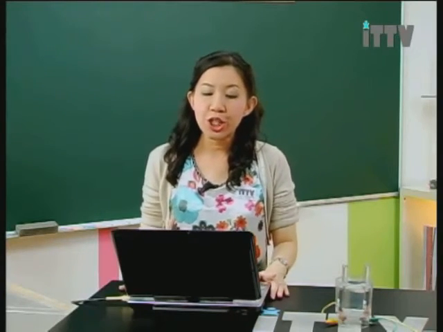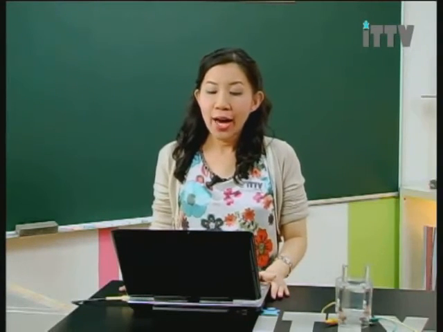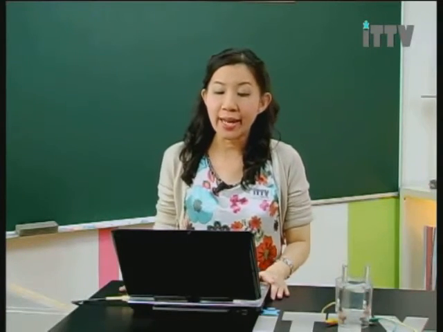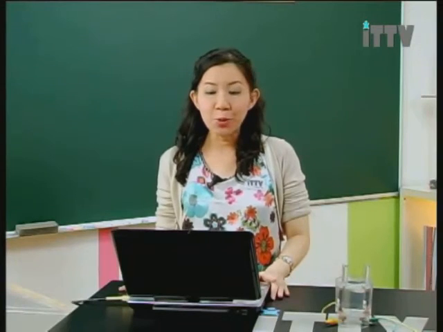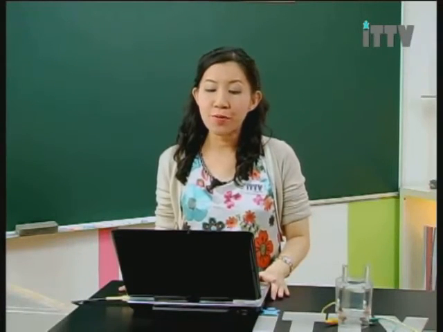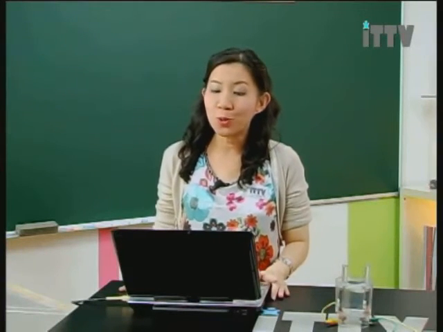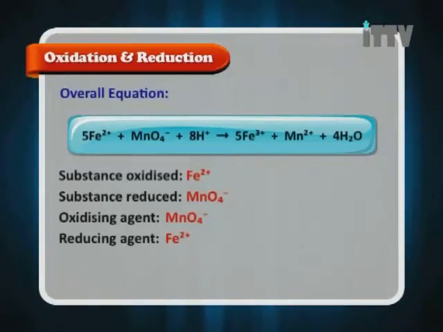And the overall equation would be that 5 moles of Fe2+ ions react with permanganate ions, as well as 8 protons, to produce 5 moles of Fe3+, manganese(II) ion, and we also get 4 moles of water. The substance oxidized in this case would be Fe2+, while the substance reduced will be the permanganate ion. Oxidizing agent is the permanganate ion, and reducing agent will be Fe2+.